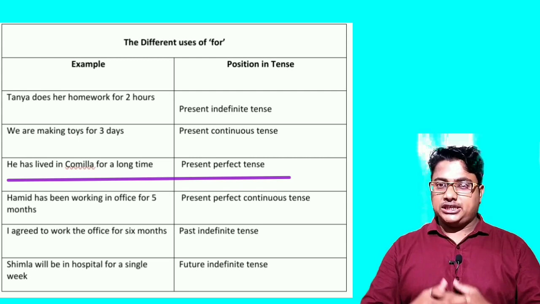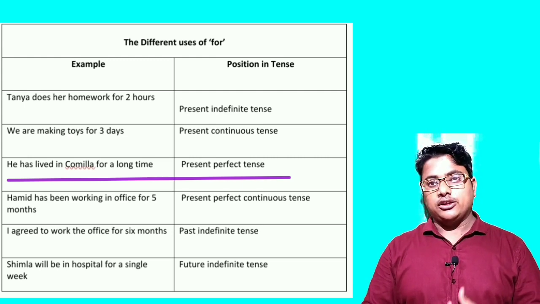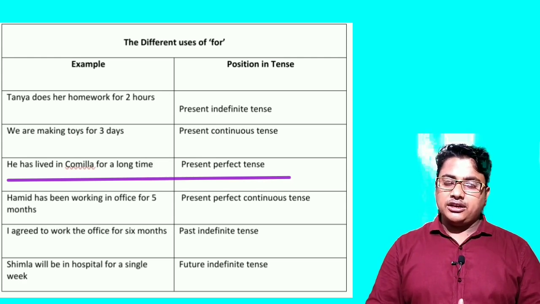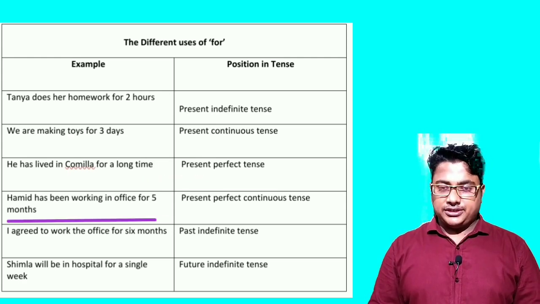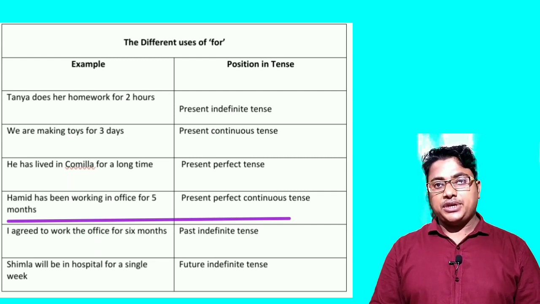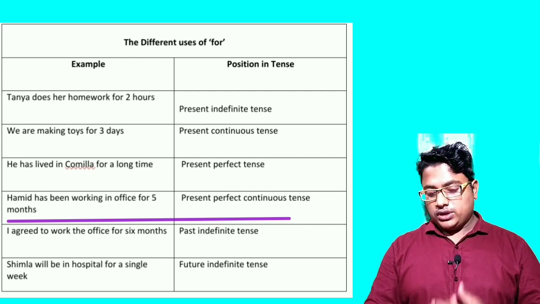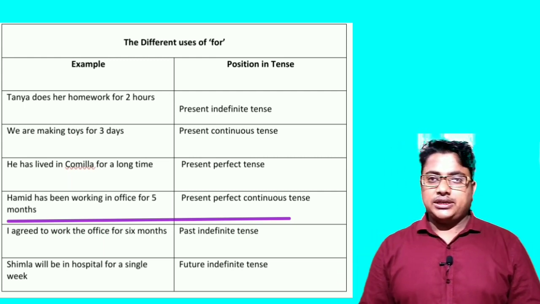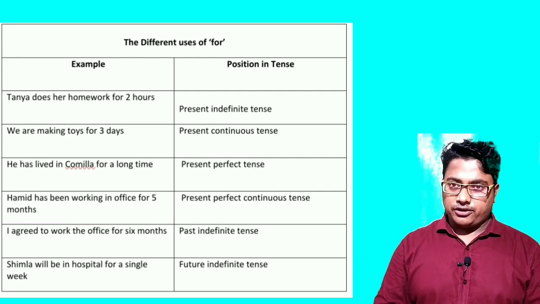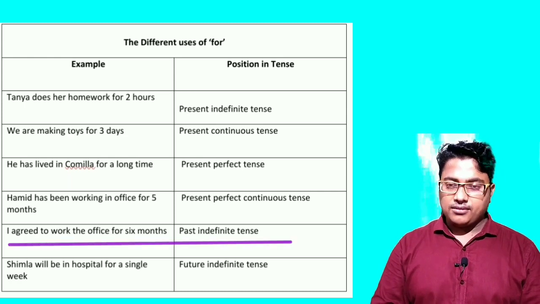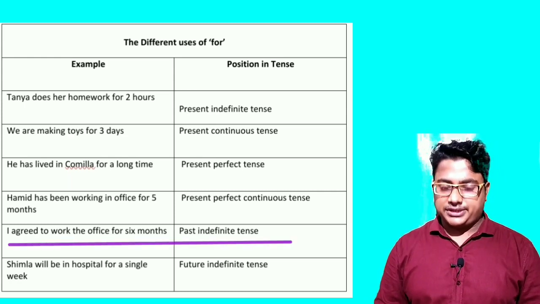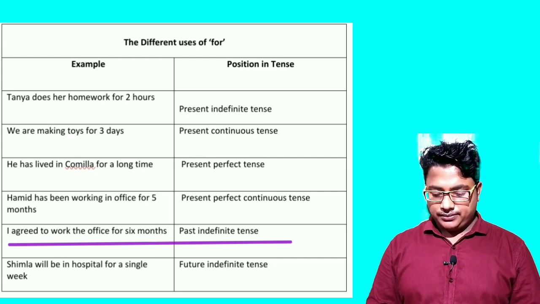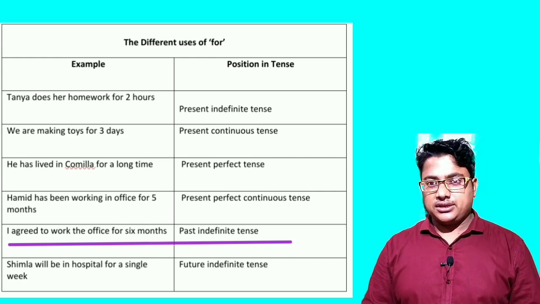He has lived in London for a long time. Here we use for in present perfect. Okay, Hamid has been working in an office for 5 months. Here we use for in present perfect continuous tense. I agreed to work this job for 6 months.